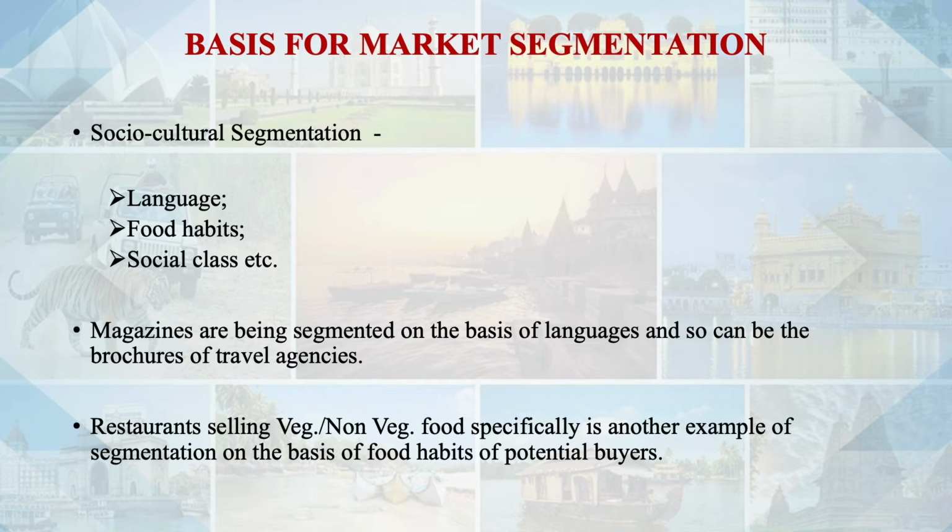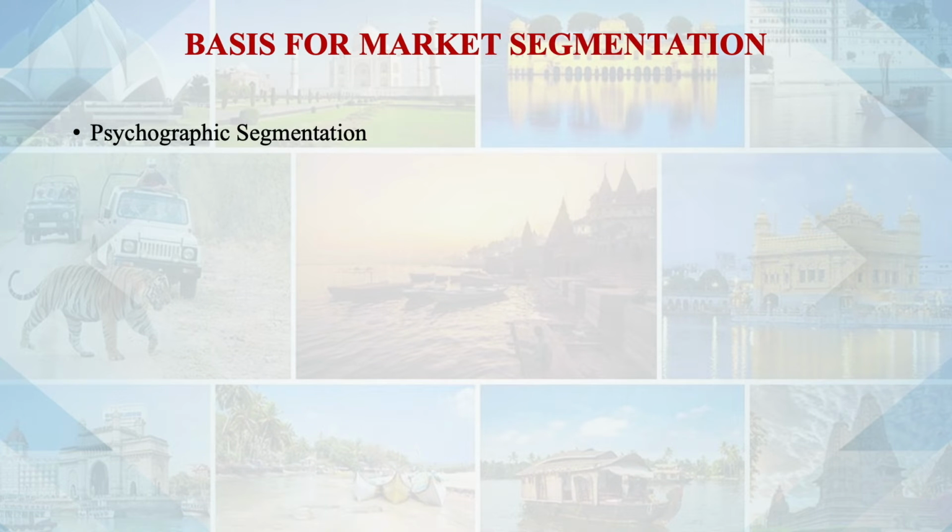Another basis for market segmentation can be psychographic segmentation. In psychographic segmentation, one dimension is lifestyle. Lifestyle is simply the way in which a person lives. In our broad market, the set of potential buyers, there can be persons who follow different lifestyles, so accordingly we need to make changes in our product or services.